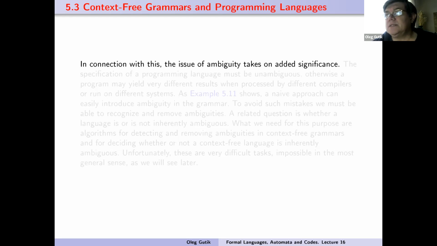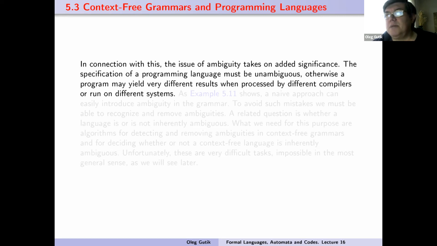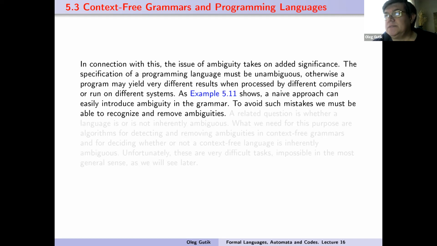In connection with this, the issue of ambiguity takes on added significance. The specification of a programming language must be unambiguous. Otherwise, a program may yield a very different result when processed by different compilers or run on different systems. As example 5.11 shows, a naive approach can easily introduce ambiguity in the grammar. To avoid such mistakes, we must be able to recognize and remove ambiguities.